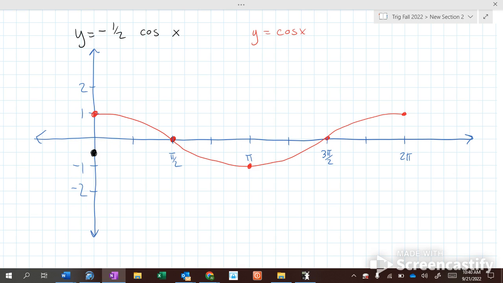Very good. It's 0. What's negative 1/2 times negative 1? Positive 1/2. Negative 1/2 times 0 is 0. Negative 1/2 times 1 is negative 1/2. So then the resulting graph looks like that.